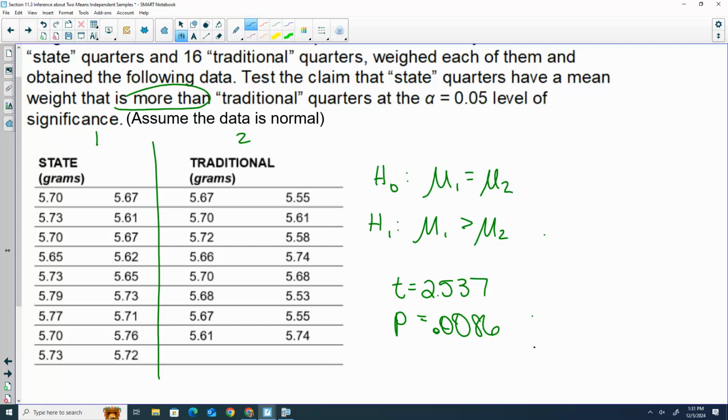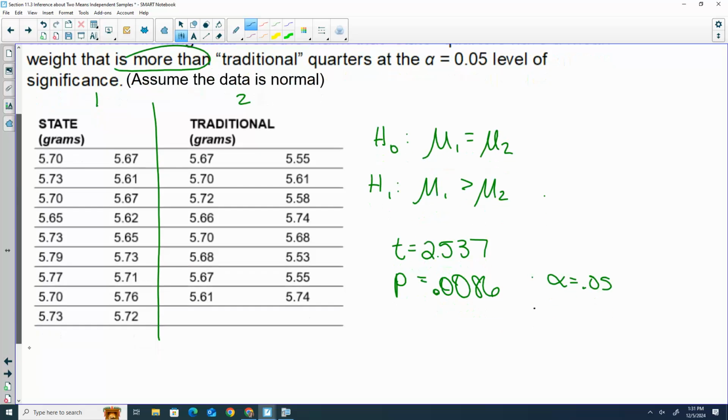If you got a number very close, that probably means you mistyped 1 point. It doesn't take much to throw this off a little bit. And then we look, alpha here is 0.05, so what does that tell me? You're just going to reject.